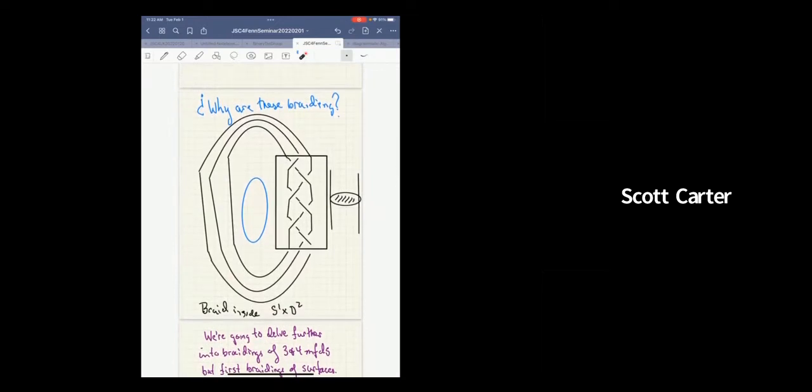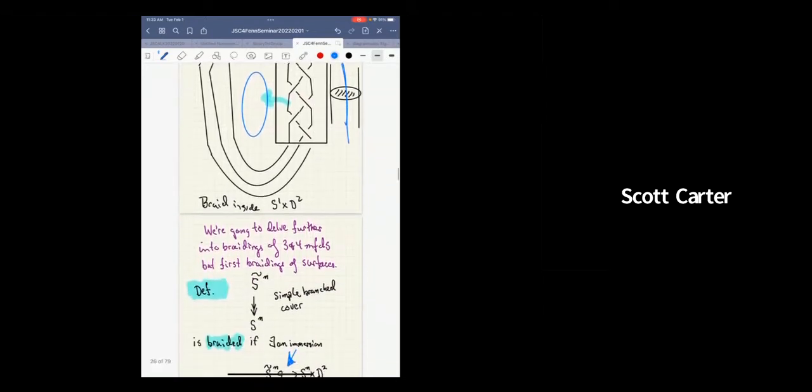Well, a classical braid, if you think about it, it lives inside S1 cross D2. And if you project the braid onto the core circle, then that's actually a covering space. You project down to the core circle here, and that's a covering map.